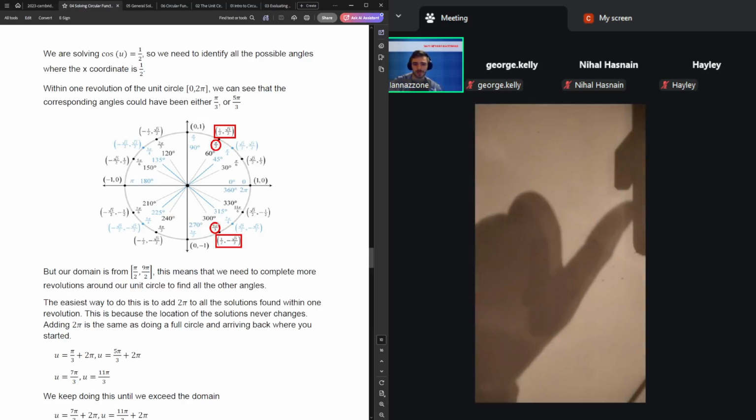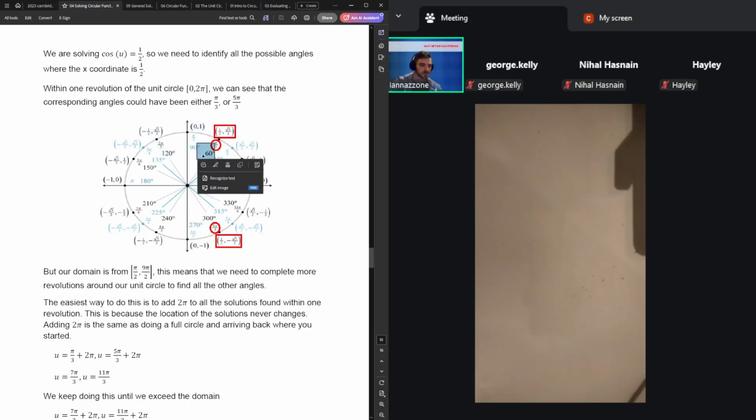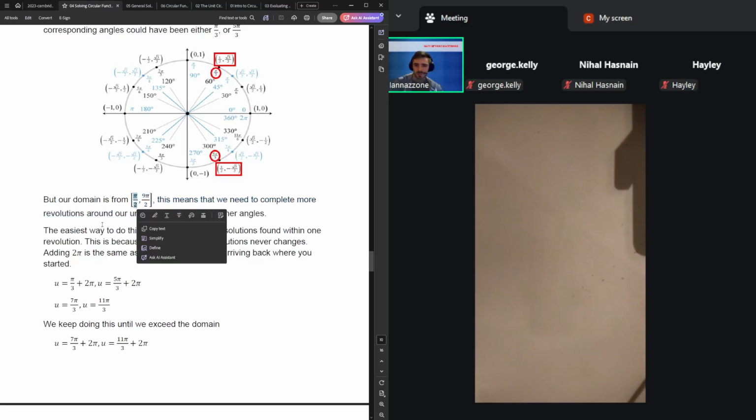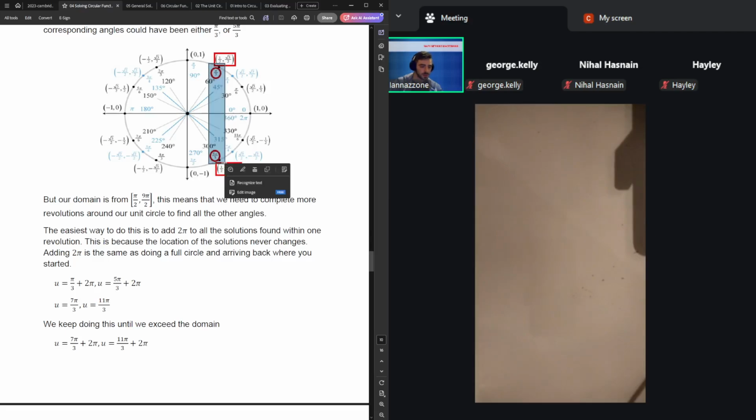You would add to go forward, you would subtract to go backwards, because 2 pi is a full revolution itself. So by adding 2 pi to this, you say, okay, I'm currently at pi over 3, and I'm going to go all the way back around, back to where I started. And you just keep doing that until you get bigger than your domain, or smaller than your domain, depending on which way you're going. That's as simple as it is. So in two parts, part 1, you find the two spots on the unit circle.